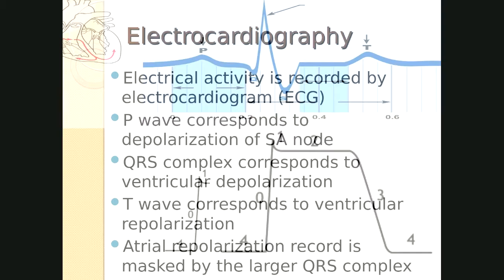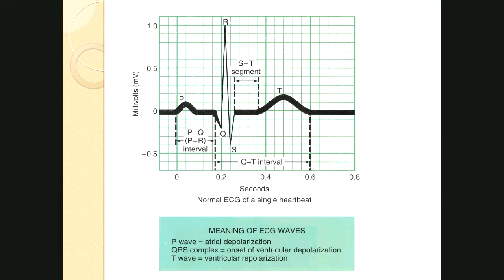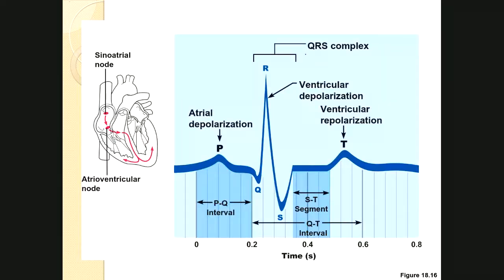And it looks just like this. So here's the P, here's QRS, it's called the QRS complex, and then here's the T. And he saw this over and over and over again, PQRST, over and over.